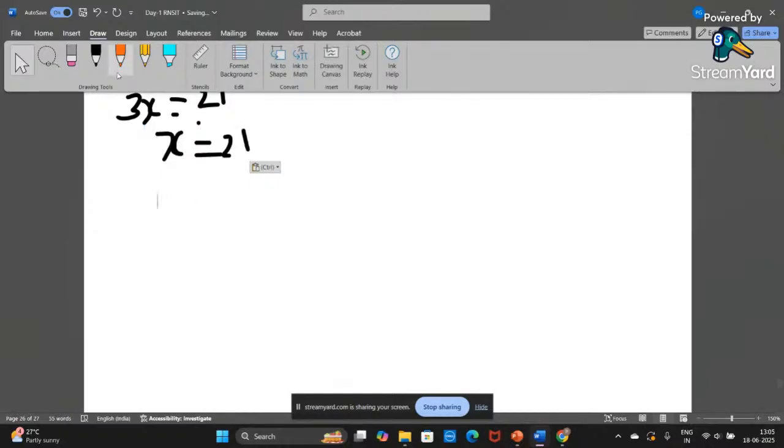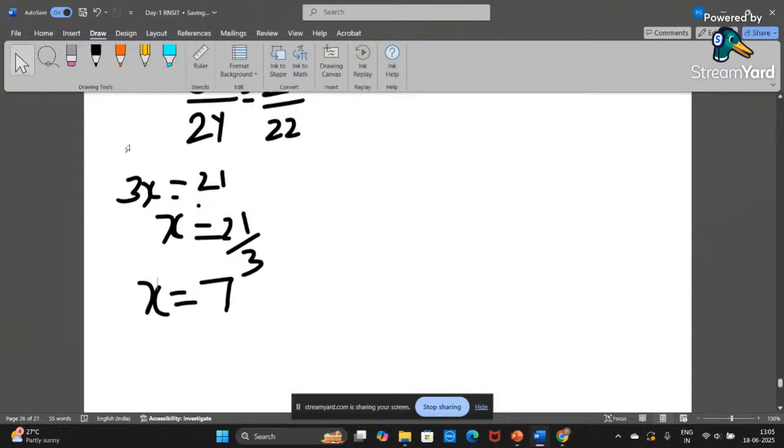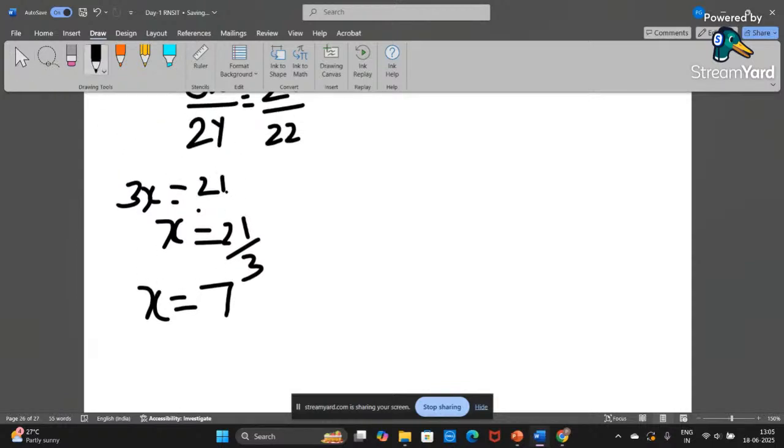So x is equal to 21 by 3. So x value is 7. Then now let us find the y value. 2y is equal to 22.